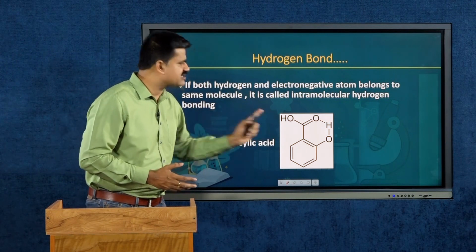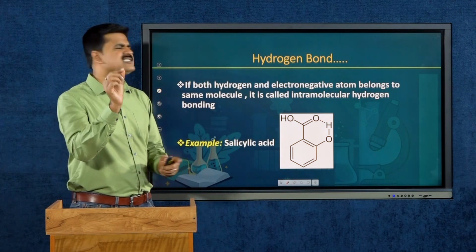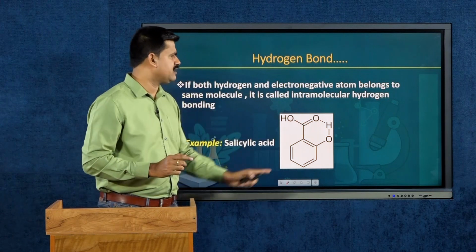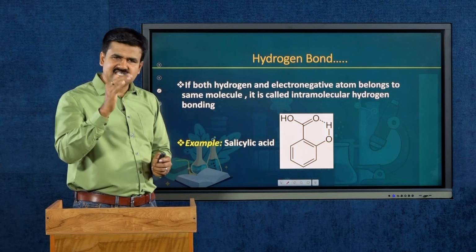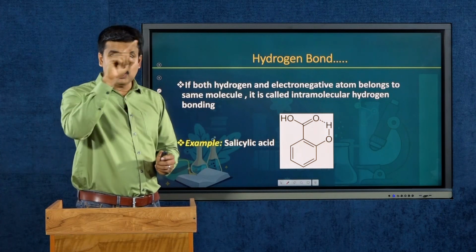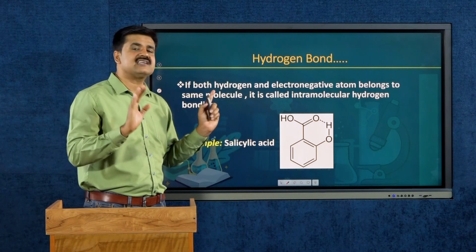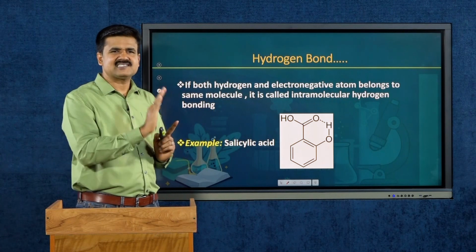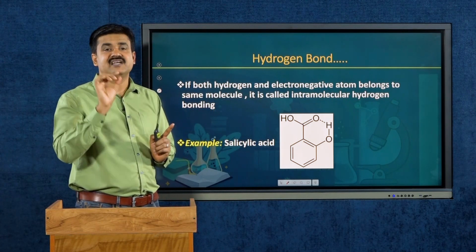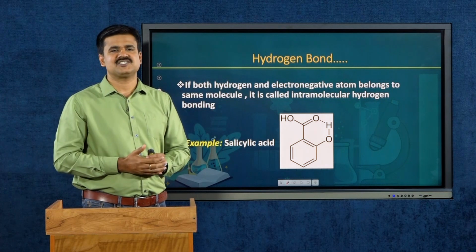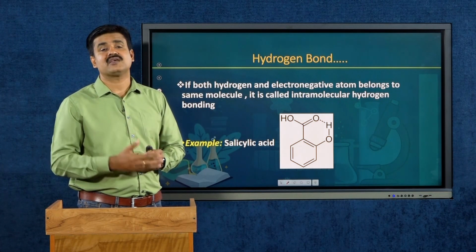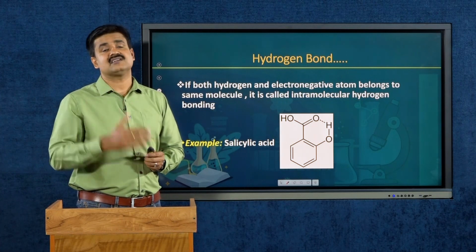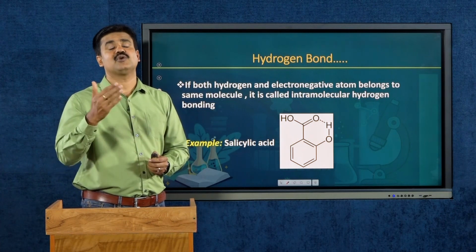Looking at this structure, you can see there exists some hydrogen bond between the oxygen atom and the hydrogen atom. But both the oxygen and hydrogen belong to the same salicylic acid molecule. So this depicts the formation of intramolecular hydrogen bonding. So salicylic acid consists of intramolecular hydrogen bonding. Water consists of intermolecular hydrogen bonding.